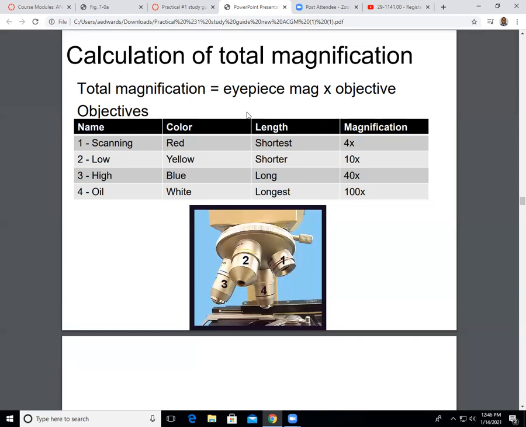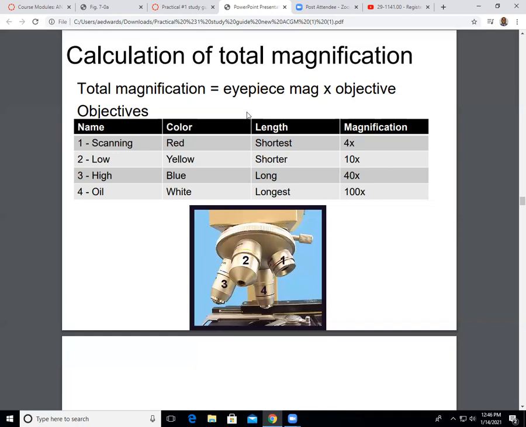How did I get 400x? 10x times 40x. And oil immersion, what would it be? 1000x. All right, y'all see how that works?